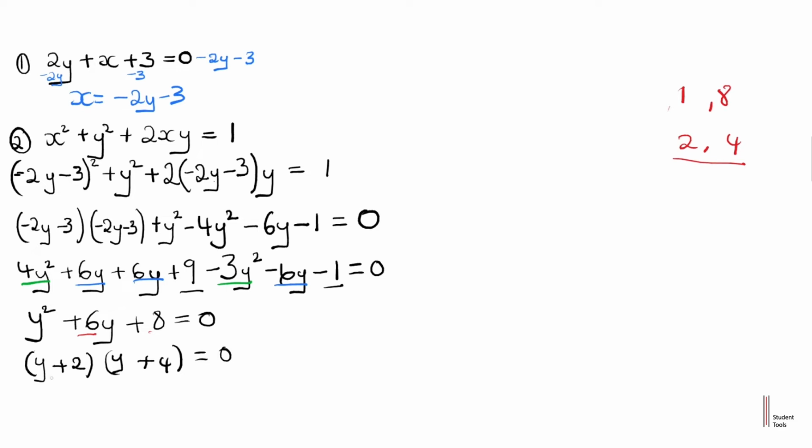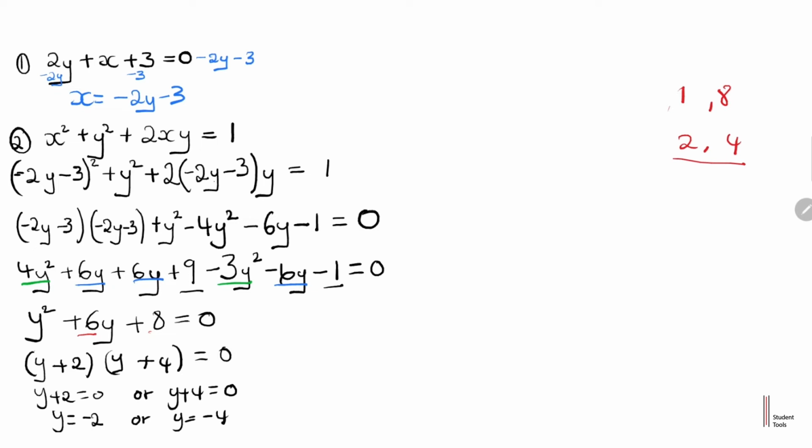So from here we can say y plus 2 is equal to 0, or y plus 4 is equal to 0, which further means y is equal to a negative 2, or y is equal to a negative 4. So now we have the two y values.